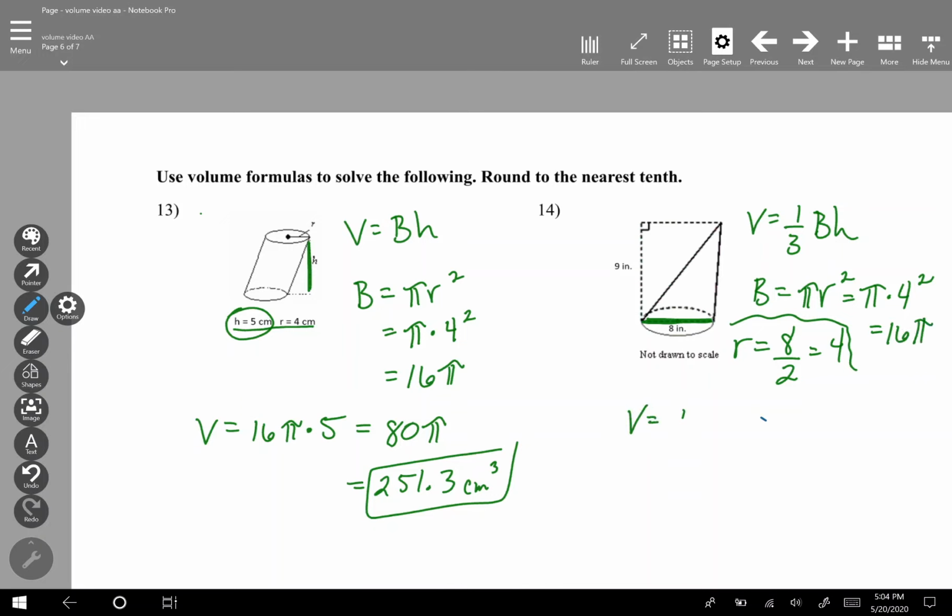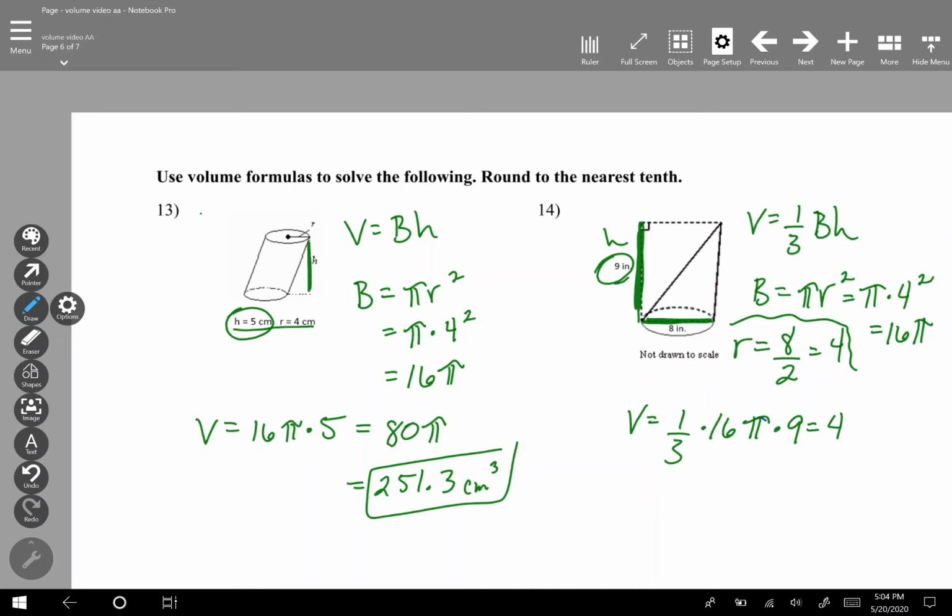So now volume, it's 1/3 area of the base, which is 16 pi, times the height. See here, from this picture, the height they're going to tell you is 9. So in my calculator, I'm going to do 1 divided by 3 times 16 times 9.